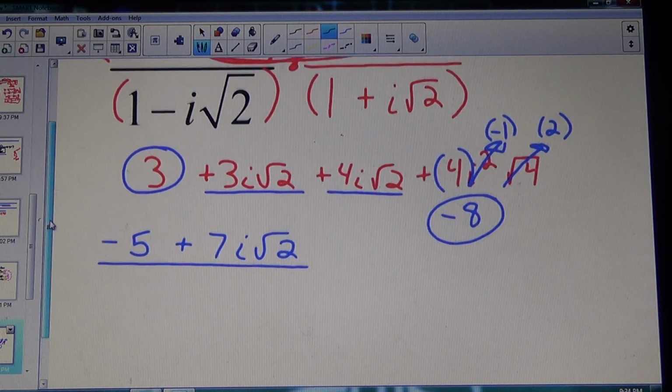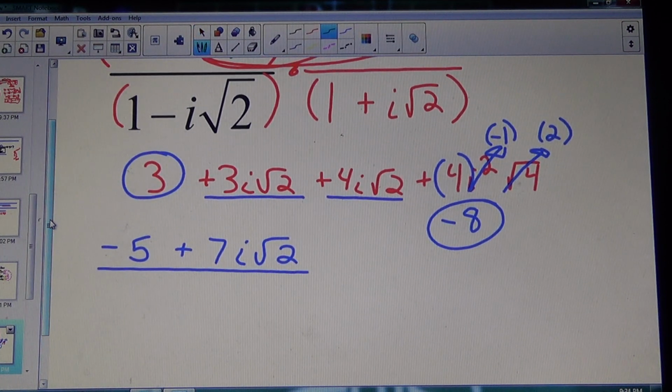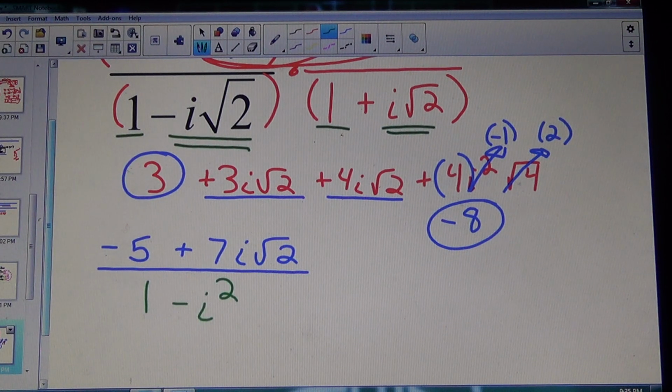Now let's look at the bottom of my fraction. The cool thing about conjugates is you don't have to actually do the outside and the inside. We just got to do the first and the last. So if I do the first here, 1 times 1, what does that give me? 1. The outside and the inside will cancel when you do that. And then I got to do my last term. So negative i times a positive i gives me negative i squared, and square root 2 times square root 2 is square root 4.